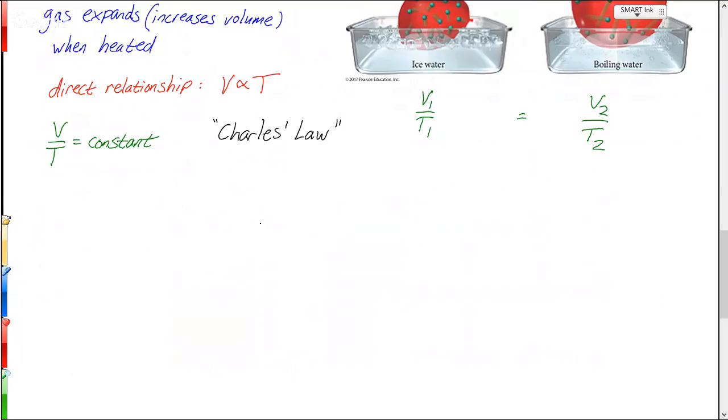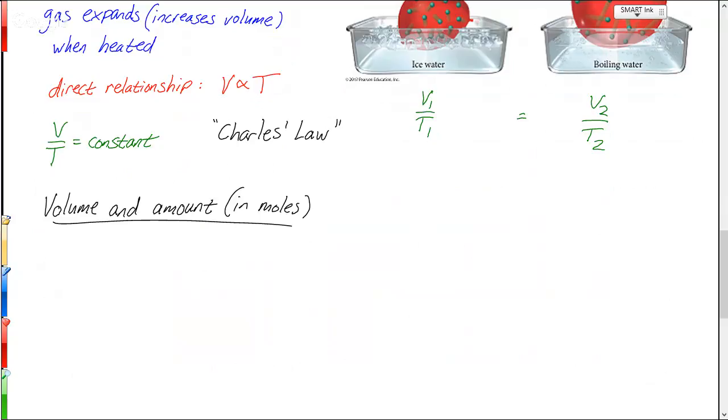So let's look at the last part of this, which is the relationship between volume and amount in moles. Okay. So if you put more gas into a container and the pressure stays the same, what happens to the size of the container?